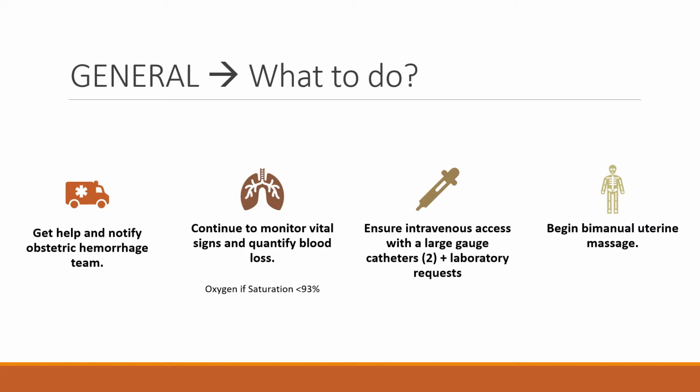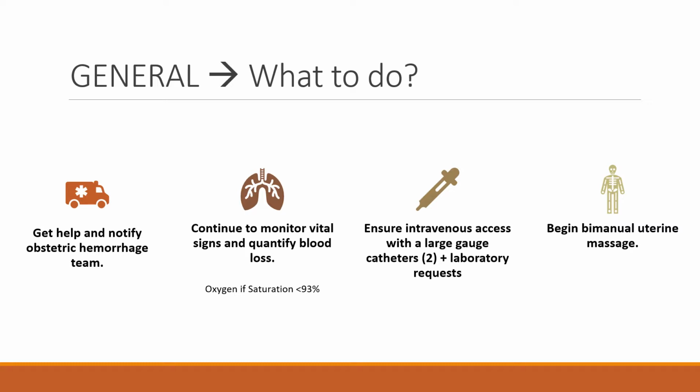If the saturation with the pulse oximeter is under 93%, we have to give oxygen. Then, very fast, we have to ensure intravenous access with 2 large gauge catheters and make the laboratory request. This will allow us to put normal saline very fast.